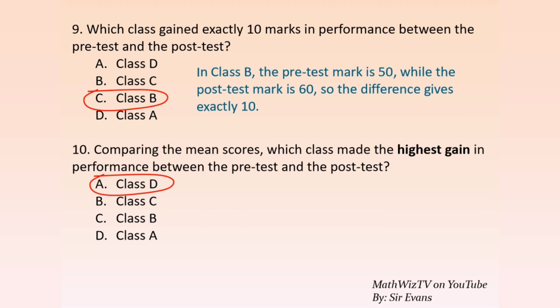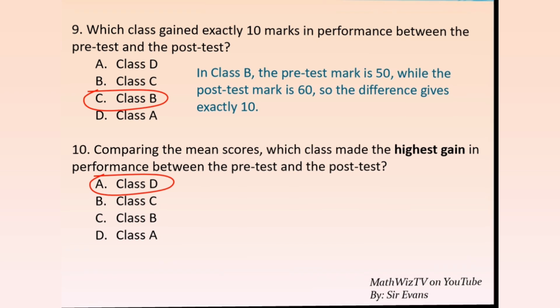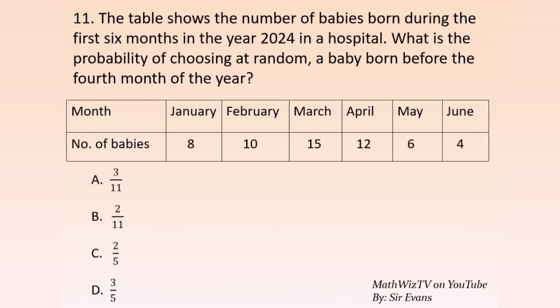Let's look at question 11. The table shows the number of babies born during the first 6 months in the year 2024 in a hospital. What is the probability of choosing at random a baby born before the fourth month of the year? These are the first 6 months.